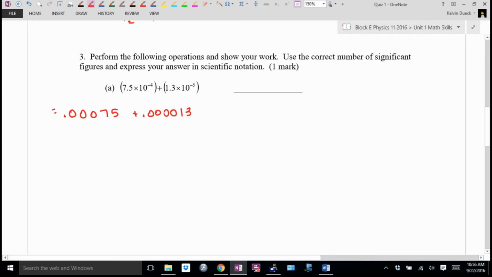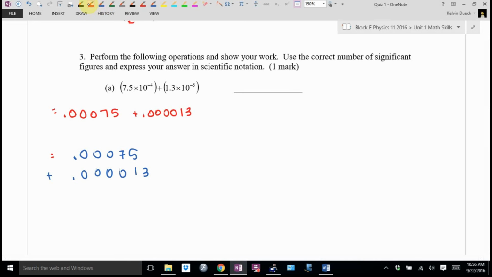That's what those are in standard form. Then, Natasha, I'm going to write them vertically. So it's going to be 0.00075 plus 0.00013.